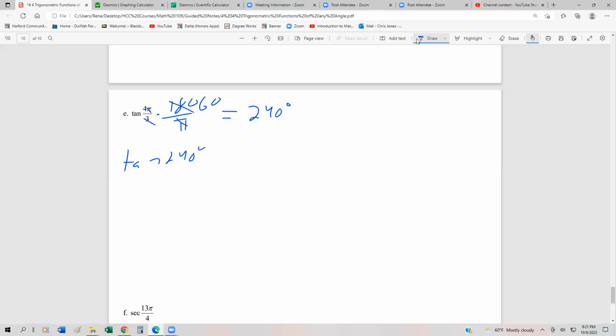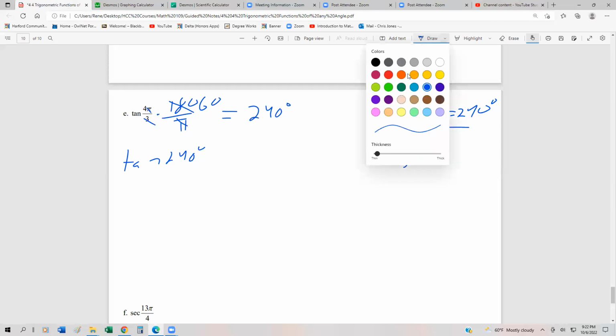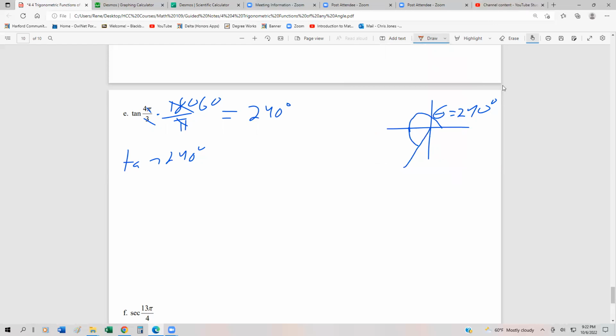Right now, 240. We have 180, and then we have a little bit more than that. Okay, so this is going to be theta equals 240 degrees. The reference angle is going to be what we need to go back right here.